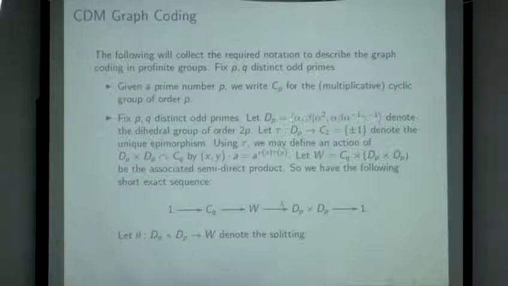It's generated by alpha and beta. Alpha is an involution. Sorry, that's a typo. What you want to say is that alpha inverse beta alpha equals beta inverse.